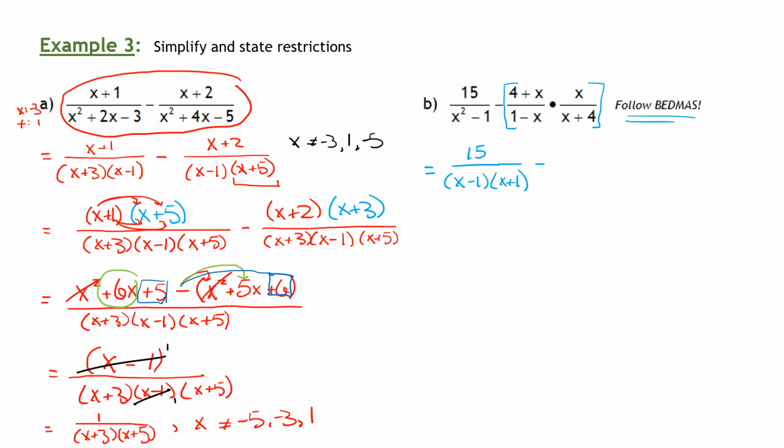Instead of 4 plus x, I'm going to write x plus 4 because that's the way we normally write terms with the variable first. Over, and instead of 1 minus x, that one's a little harder to rearrange, but it's a negative x plus 1, times x over x plus 4.